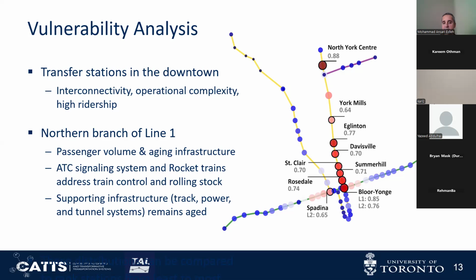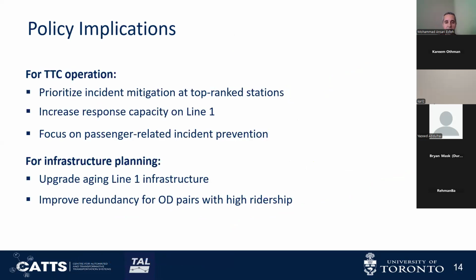While ATC signaling systems and the newer Rocket trains have modernized the train control and rolling stock on this northern branch of line 1, the other supporting infrastructure is still old. That makes this part prone to both technical and passenger-related incidents.